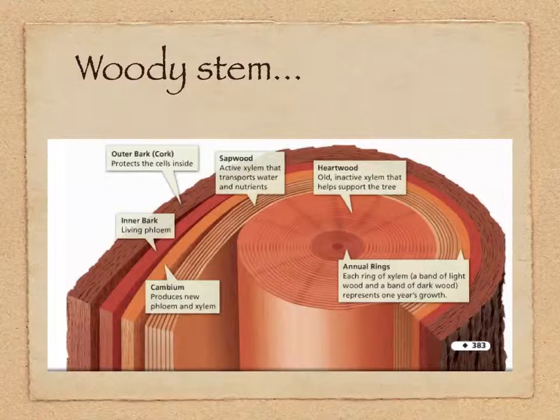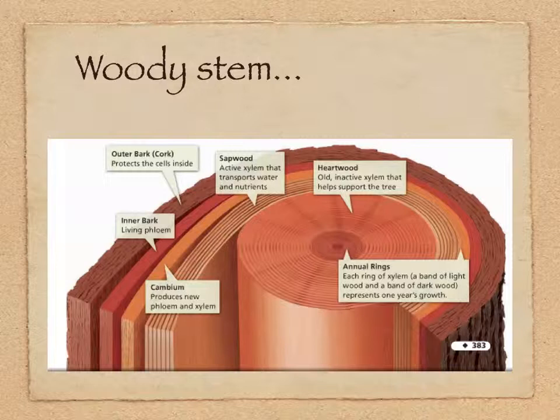Okay, the main structure of a stem, especially this is a typical gymnosperm, a conifer, is to have annual rings, and each ring represents a year, and the rings represent xylem and phloem, and the heartwood is the inside, the old inactive xylem that helps support the tree.